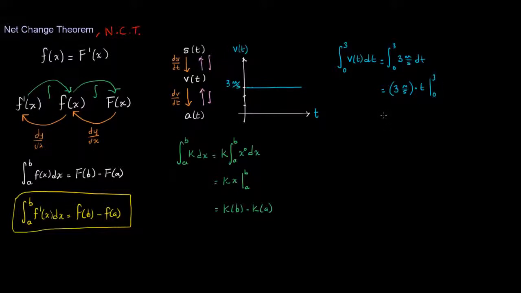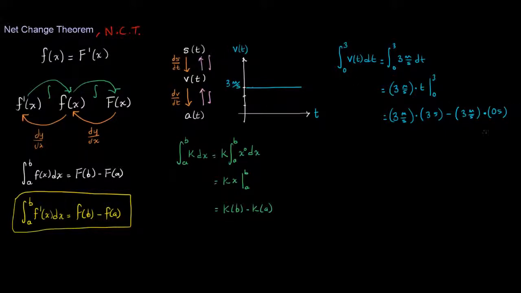Now let's see. If we apply this, it will be 3 meters per second times this, evaluated at 3 seconds, so 3 seconds, minus the other one: 3 meters per second times 0 seconds.